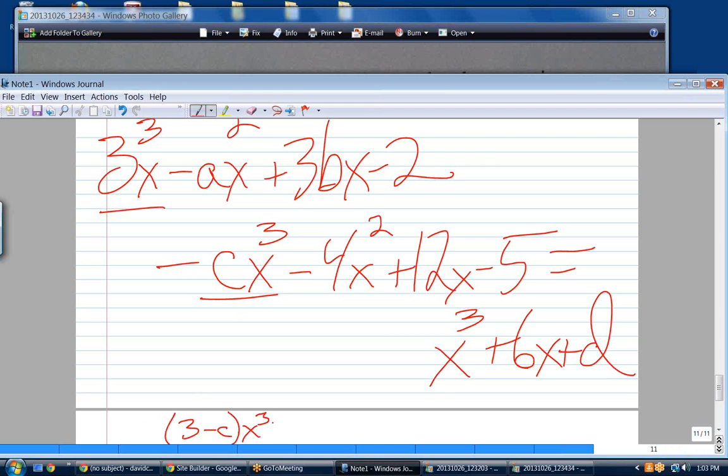Okay? Let's do the same thing with x squareds. Yeah, there's 2. So it'd be negative a minus 4. Notice that that has to be a plus 4. Well, if you distribute this a plus 4, what do you get?